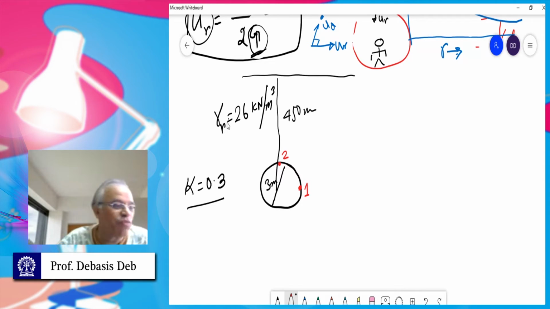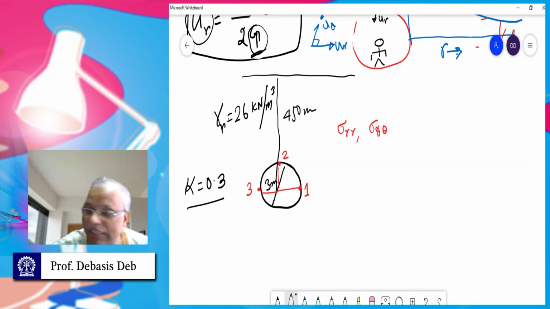You need to find out sigma RR and sigma theta theta at all these 3 points, and something called FOS, which is factor of safety or safety factor.